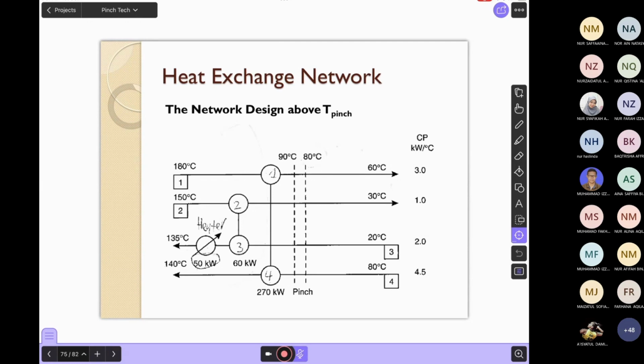Cepat nak belajar kan? Any respond? How many heat exchanger here? Can you tell me? Stream number 1 and stream number 4. Berapa heat exchanger?